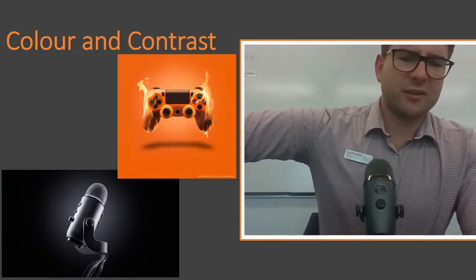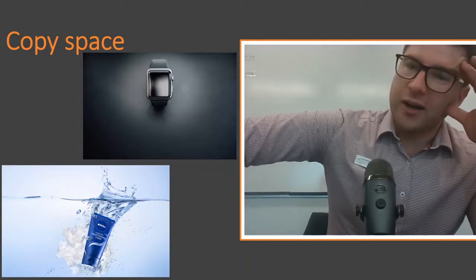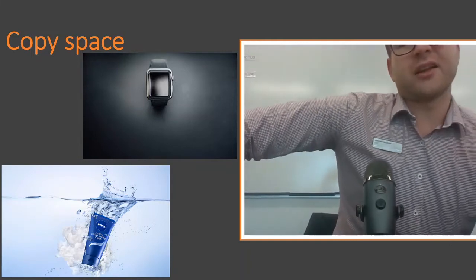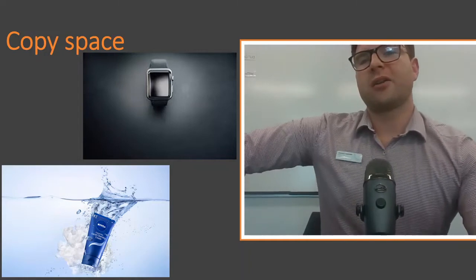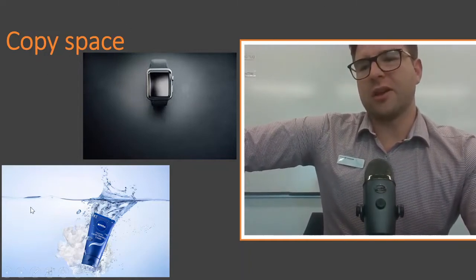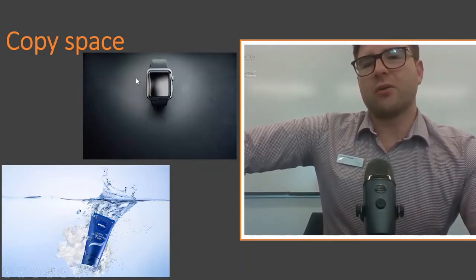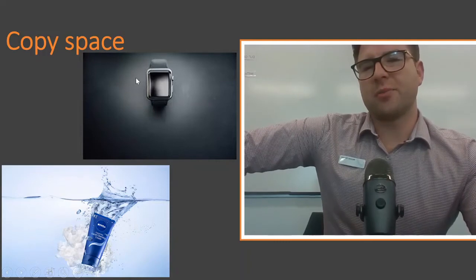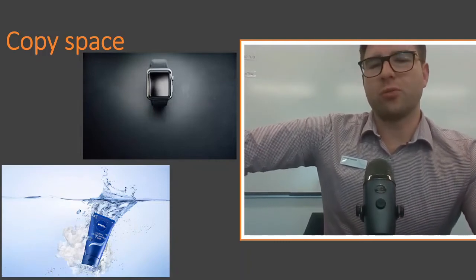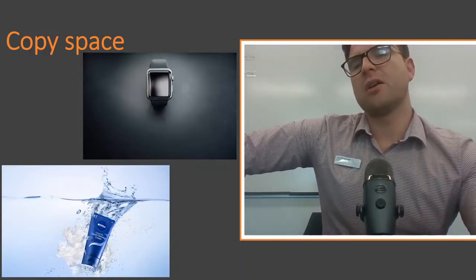The next, second to last thing is copy space. So in marketing and journalism and the media fields, we talk about copy as being the written text that is included in a design like this. So when you're doing product photography, quite typically it's used for magazines or billboards or things like that, where text needs to be included in the photo.